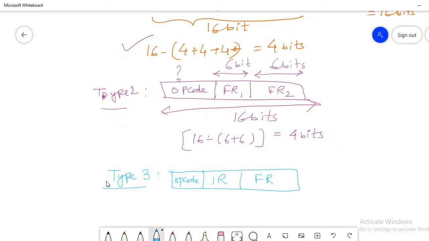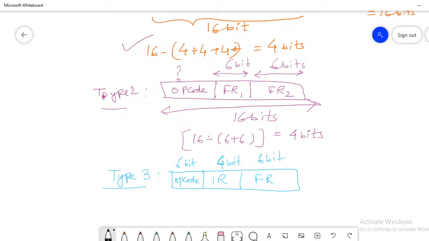It's better to take a snapshot of the question. This integer register is 4 bits, and the floating point register is 6 bits. So it will be 16 minus 10, which basically gives you 6 bits.